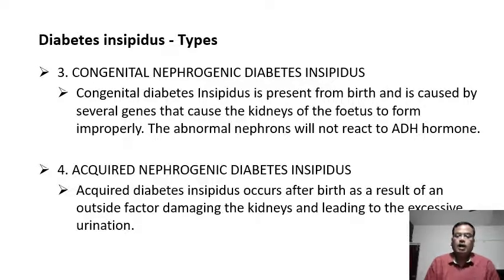But after birth, during the lifetime of the person, due to some cause, maybe mechanical or chemical or any other cause, the kidneys are damaged, and this damage will affect the production of the urine. If that is the condition, then we call it acquired nephrogenic diabetes insipidus.